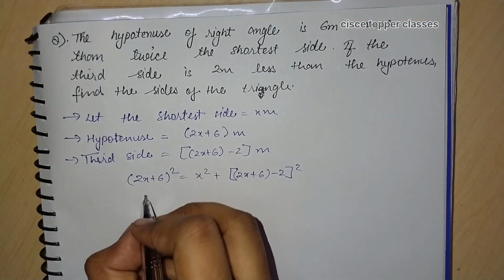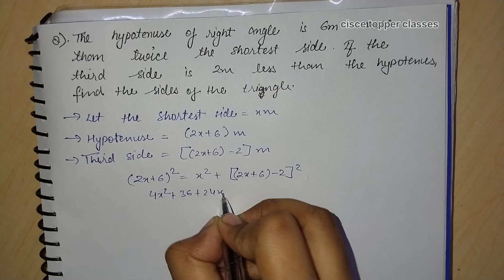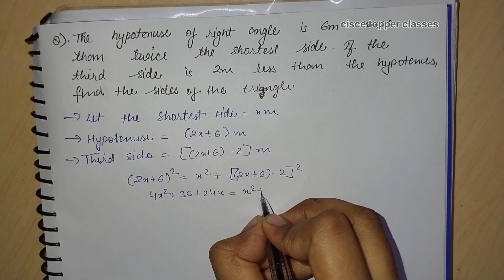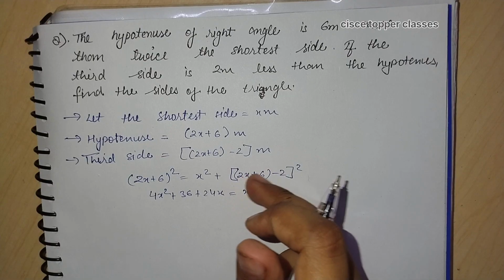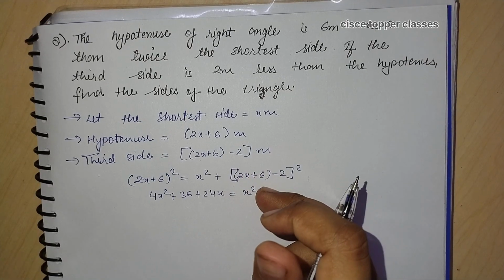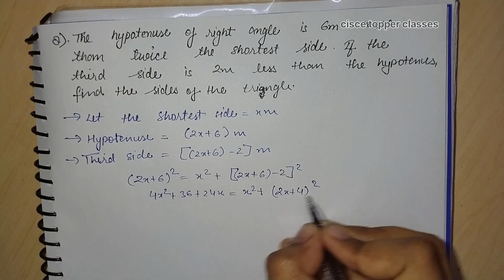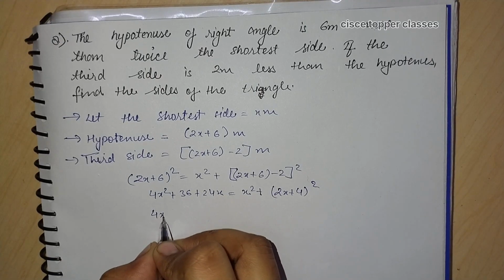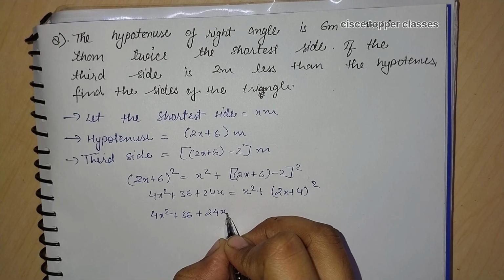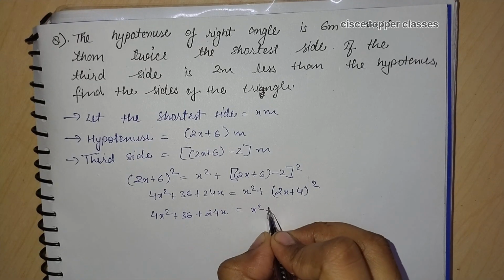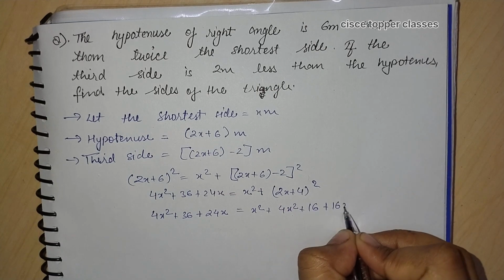We can simply write this as 4x square plus 36 plus 24x equal to x square plus (2x plus 4) whole square. From here, 4x square plus 36 plus 24x equal to x square plus 4x square plus 16 into x plus 16.